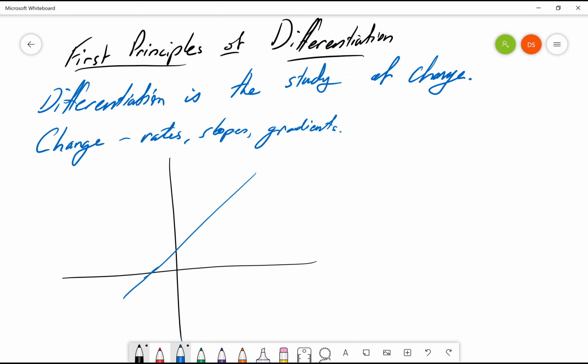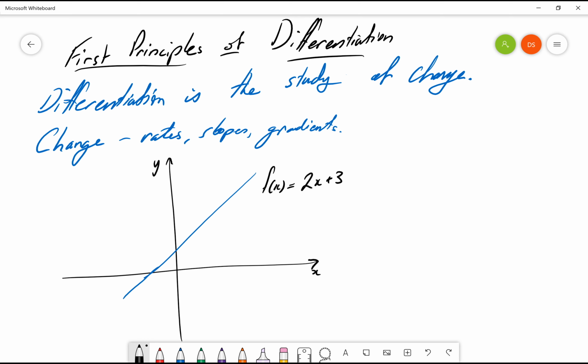I'm going to call this equation, and just humor me here, I'm going to use functional notation. I'm going to call this f of x equals, suppose this is 2x plus 3. I know the gradient doesn't look like 2, but I don't have a scale, so don't worry.